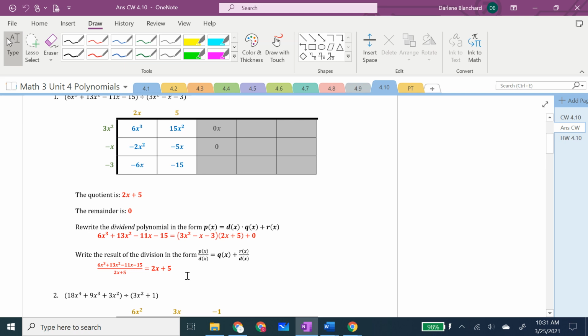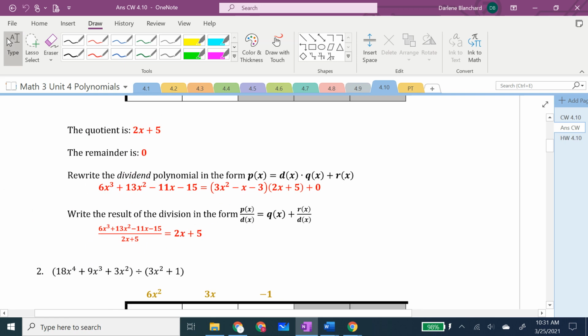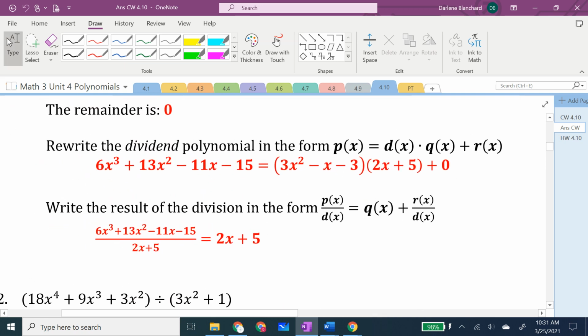But I wrote 2x plus 5. This right here. With the result of the division, I didn't write here the plus 0 over the divisor. And admittedly, I wrote the plus 0 here. Plus 0 doesn't have to be written. So does that make sense?